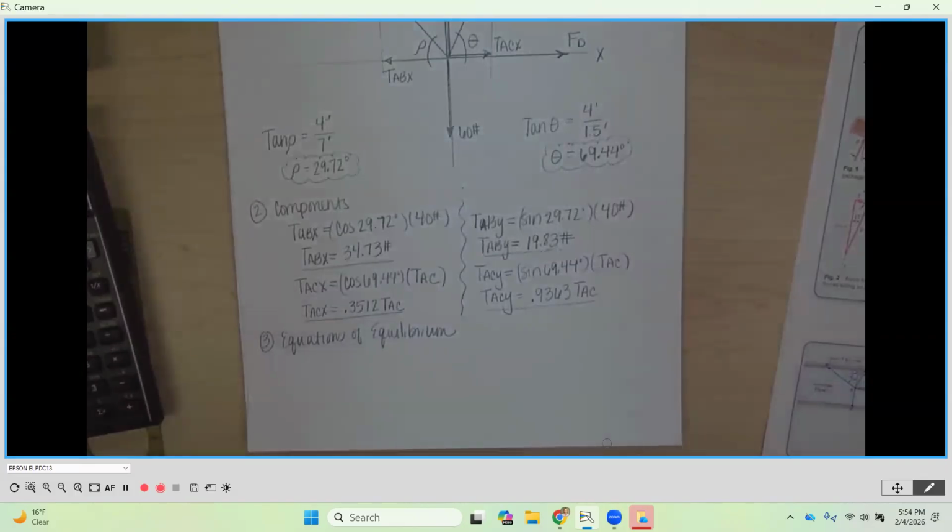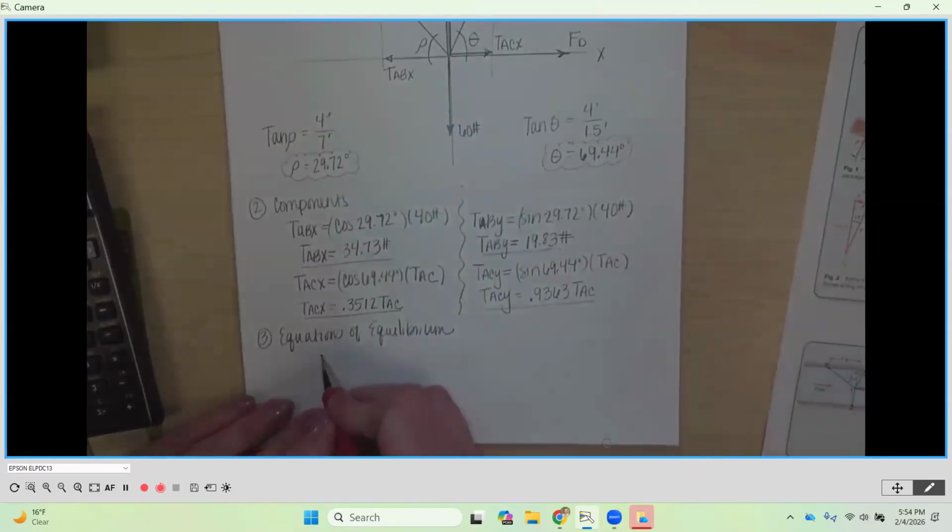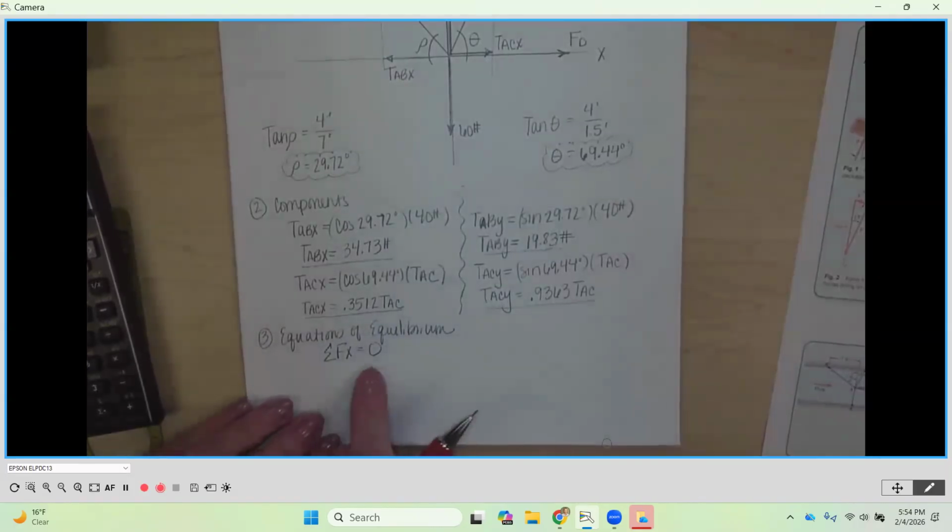Unless there's a good reason not to, I tend to use the sum of the forces in the X equals 0 first, just because X is before Y. So I'm going to sum my forces in the X direction equal to 0. You have to write this out. I just want to remind you, this is an equation of equilibrium. It has an equal sign and two sides. So throughout, we need to see that.